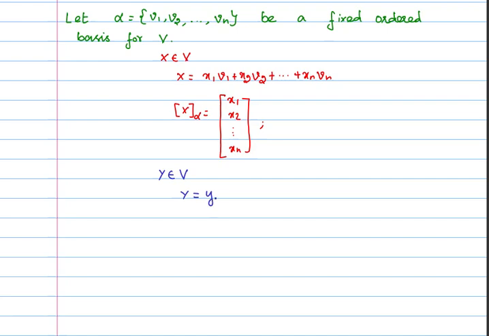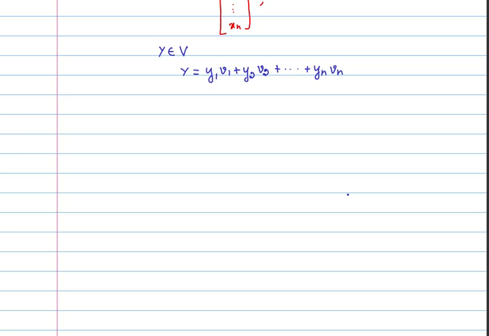Similarly, we can write y1 times v1, y2 times v2 and so on, yn times vn. Correct? Similarly here also the coordinate vector of y is y1, y2 and so on, yn.